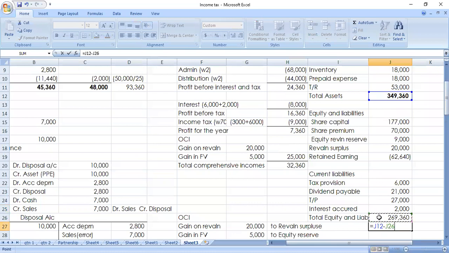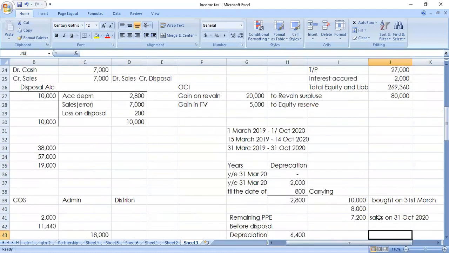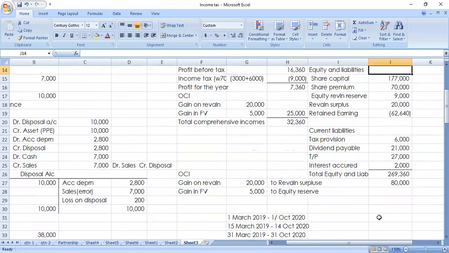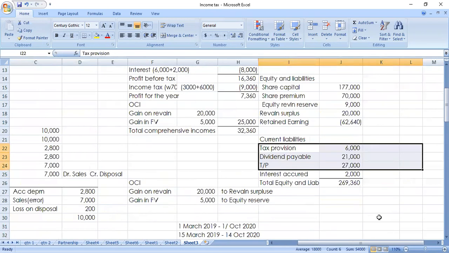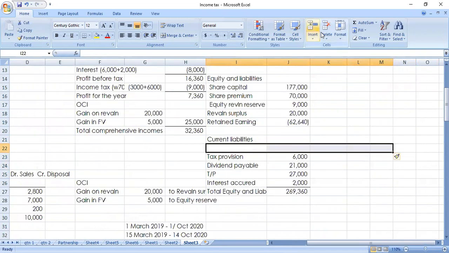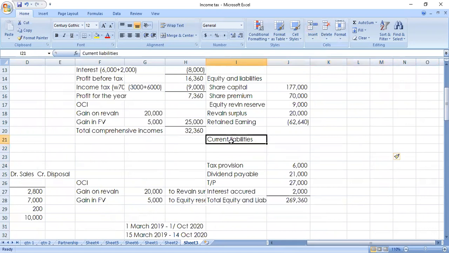There's a figure that I missed out. The 80,000. That was 80,000. The long term bond. Okay, under liabilities, we miss out the bond. I forgot to bring the bond. So we have long term liabilities.